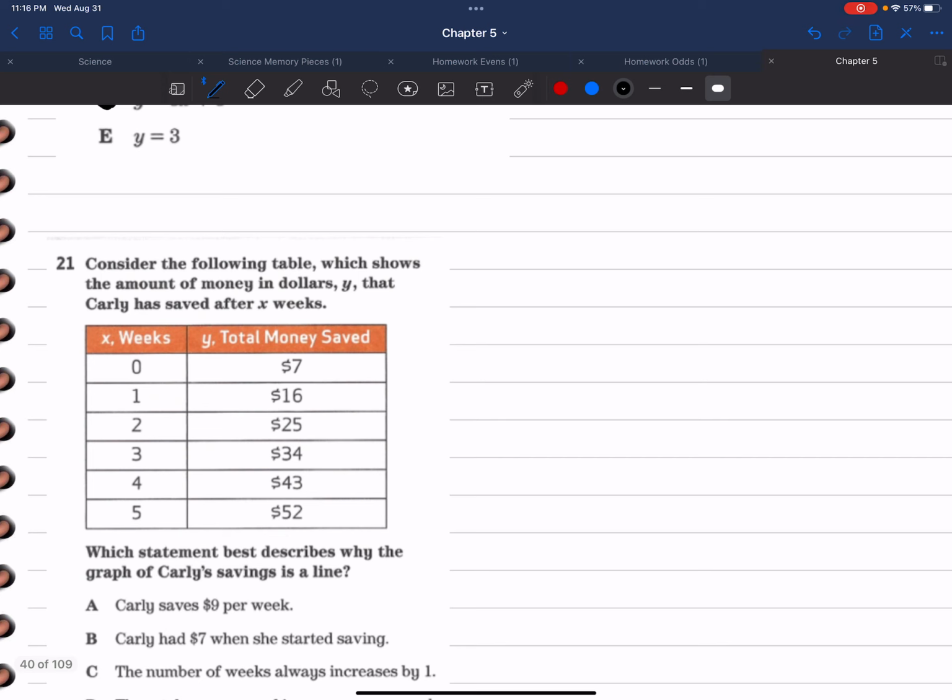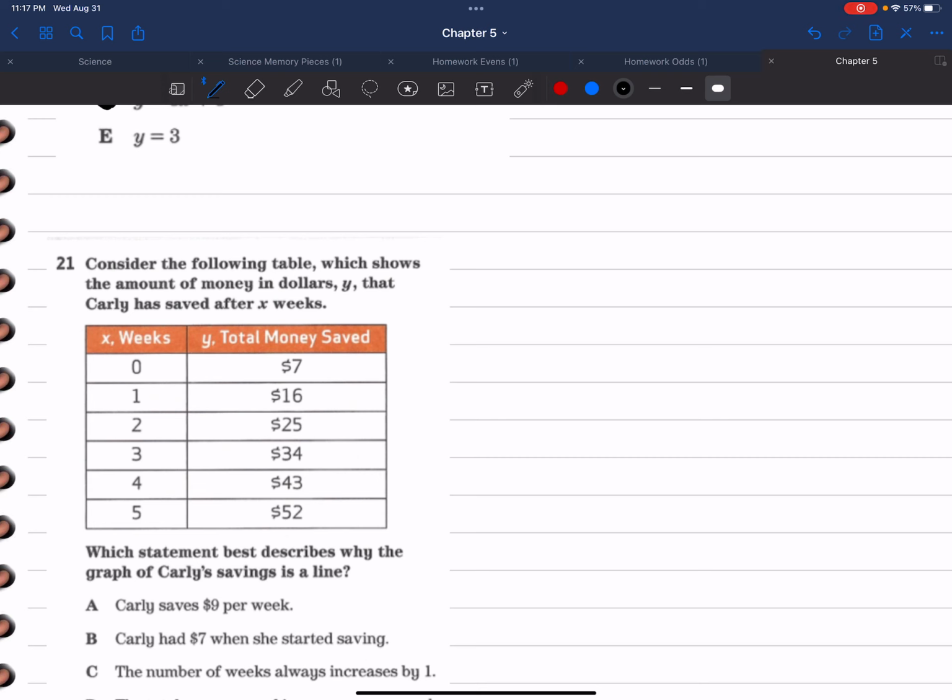Consider the following table, which shows the amount of money in dollars Y that Carly has saved after X weeks. So at 0 weeks, she had saved $7. This one does not pass the 0-0 test. It's 0-7.